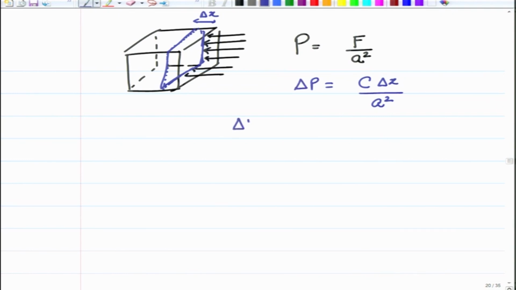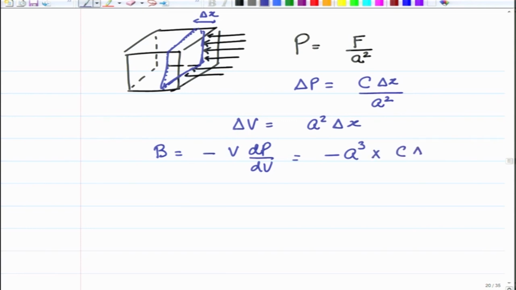How about delta V? The volume change is going to be a square times delta x, and therefore, the bulk modulus, which is minus V dp over dV, is going to be equal to minus a cubed. Minus takes care of whether the volume is decreasing or increasing. dp is delta p, c delta x divided by a square, and the volume is decreasing, minus a square delta x, and this comes out to be, this delta x cancels, comes out to be c times a.